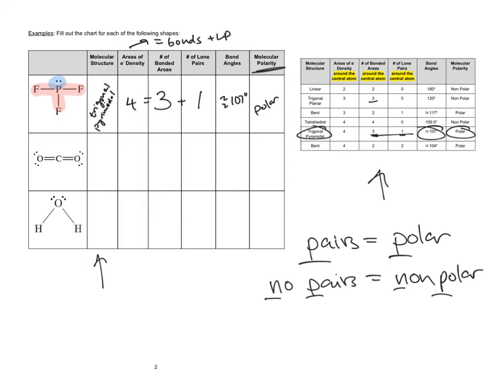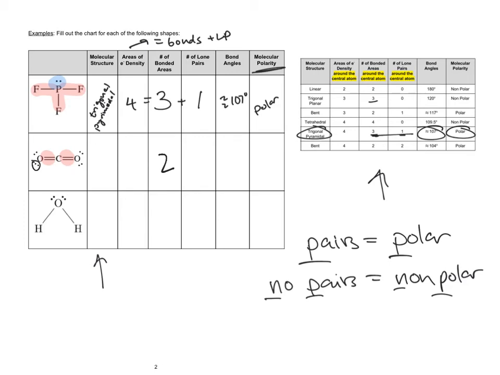Well, let's go look at this second molecule here. We start off counting the number of bonds. Now this one can get a little tricky because those are some double bonds, but they still only count as one bonded area each. So that right there is 2 bonded areas. And the number of lone pairs is only ones on the center atom.